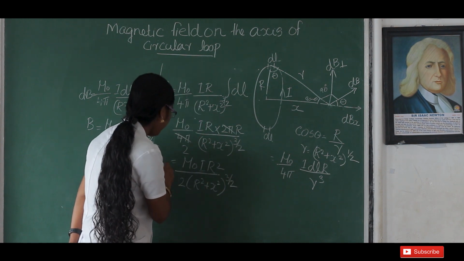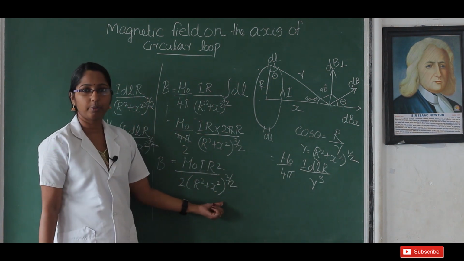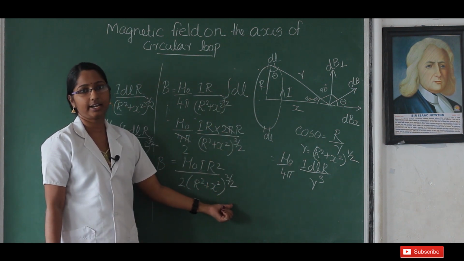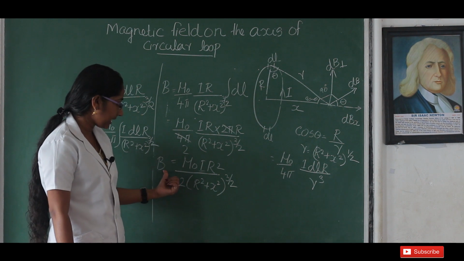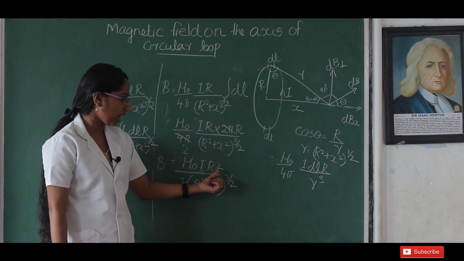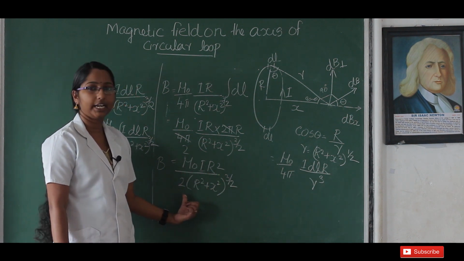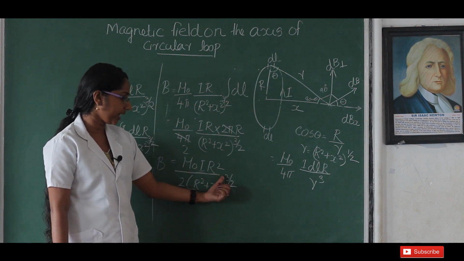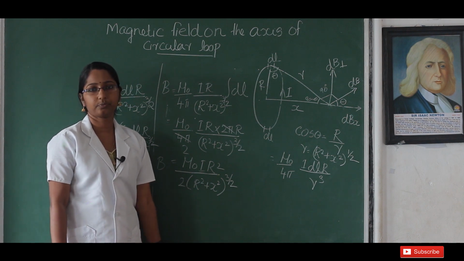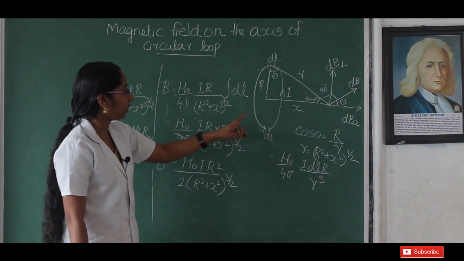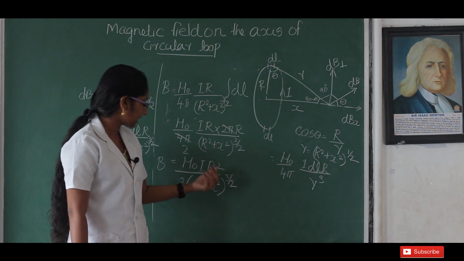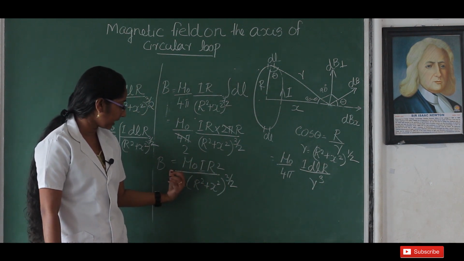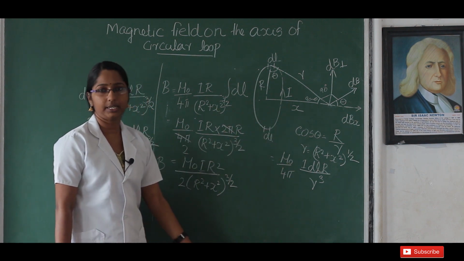It is the magnetic field produced by the circular loop on the axial line. So the equation is B equal to mu 0 I r square divided by 2 into r square plus x square all raised to 3 by 2. On knowing the values of x, r and I, we can calculate the magnetic field at this point P.